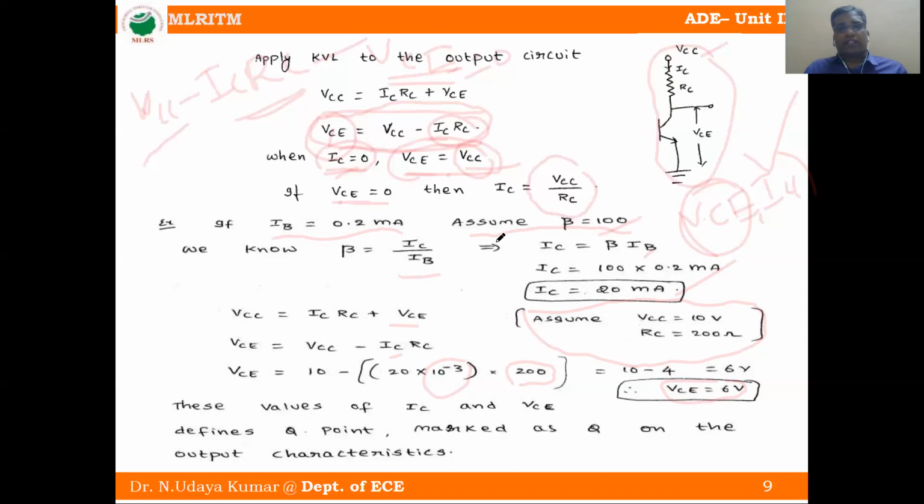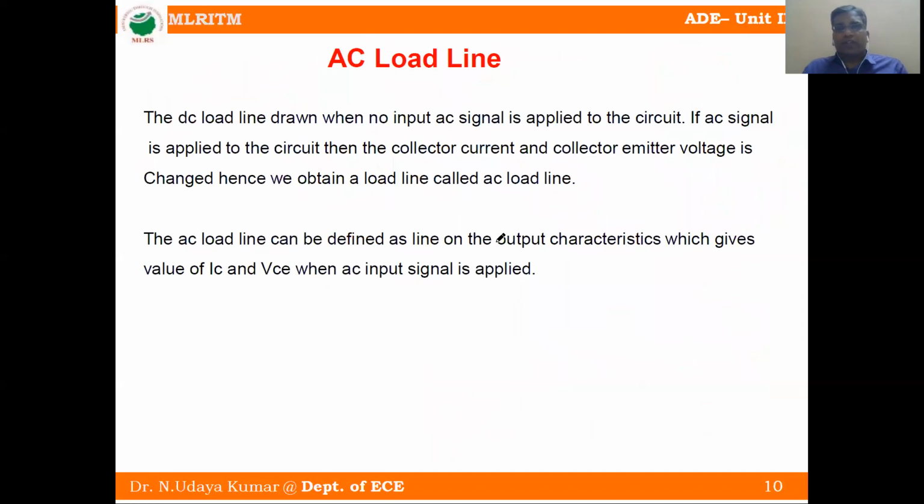Now we go to the AC load line. Whenever an AC signal is given as an input to the transistor, we can find the AC load line. The DC load line is drawn when no input AC signal is applied to the circuit.